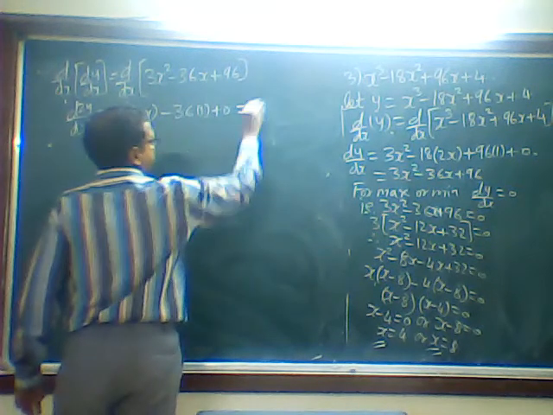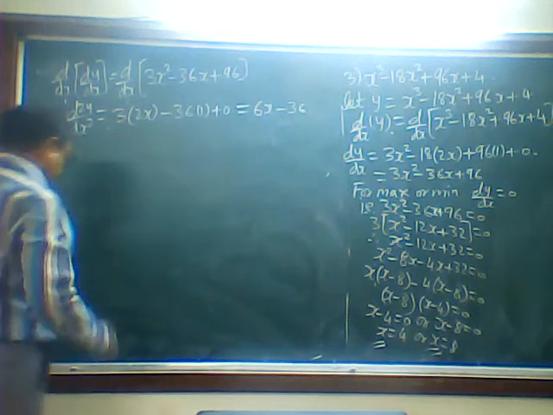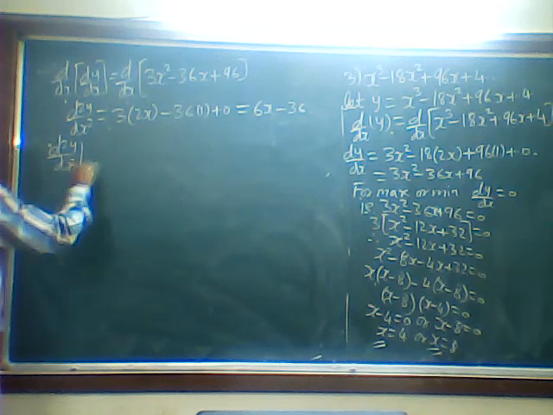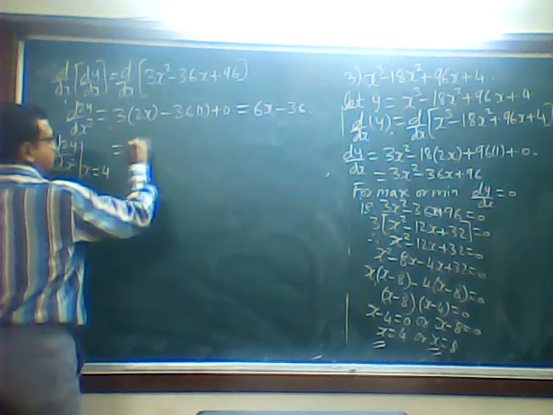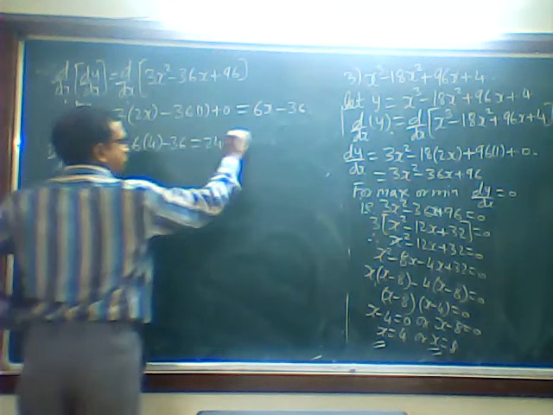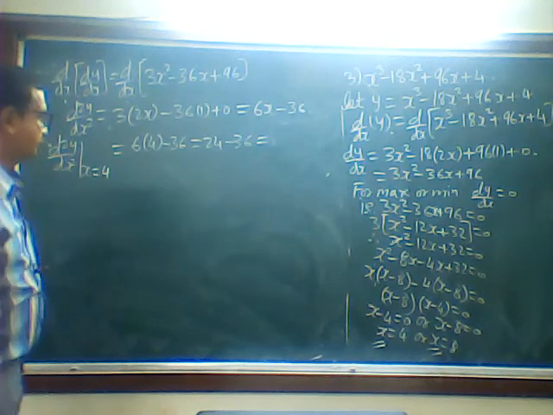So we got 6x minus 36. Now d square y by dx square at x is equal to 4. 6 into 4 minus 36, that is 24 minus 36. How much? We get minus 12.